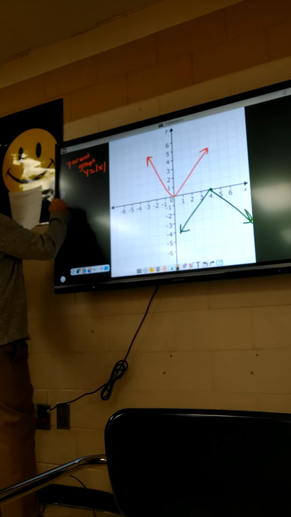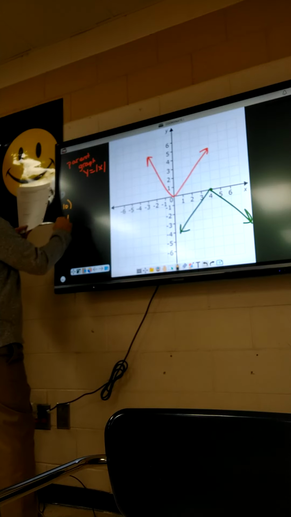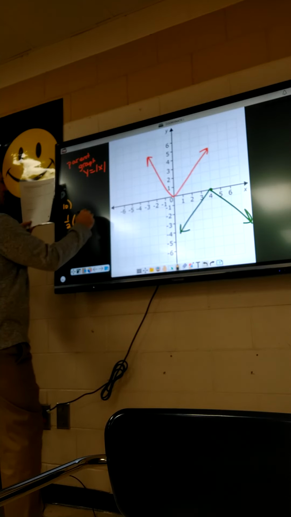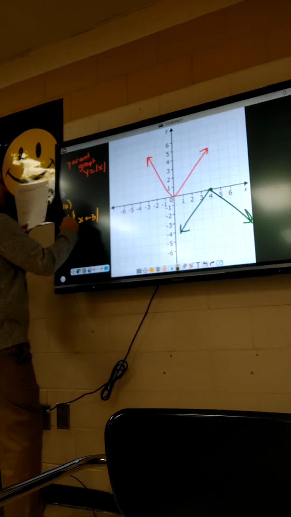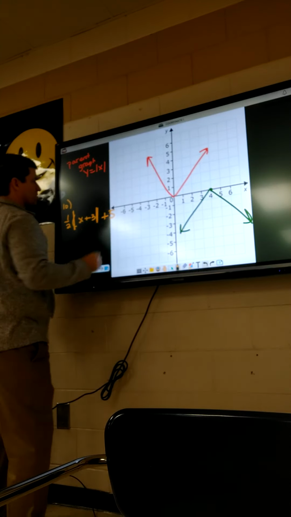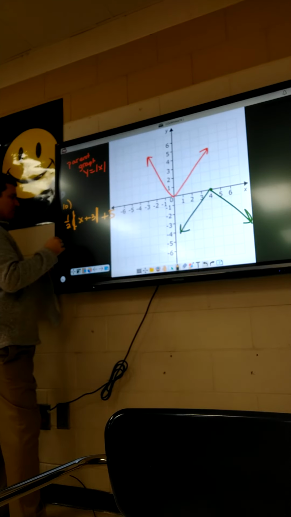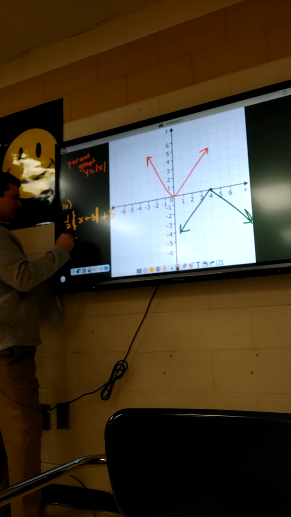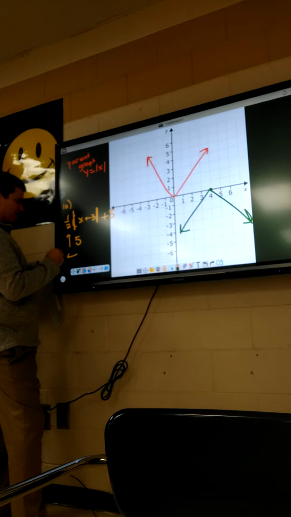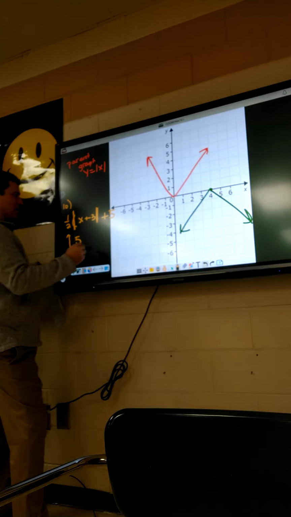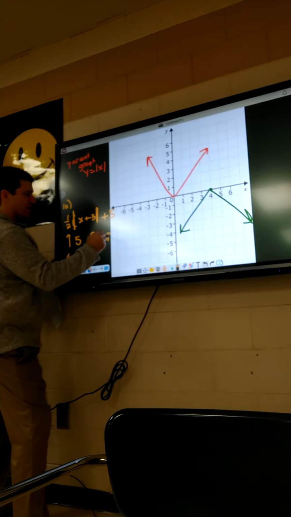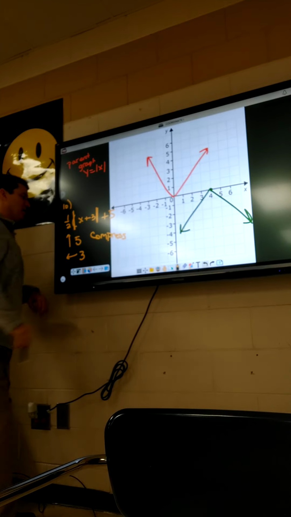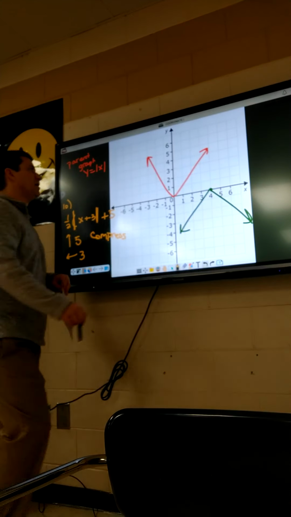All right, next one, number 10. 1/2 (x plus 3) plus 5. All right, let's start from the back. Where is it moving? Up 5. Where else? Left 3. Left 3 and compress. All right, now y'all graph it. Up 5, left 3, put a point.